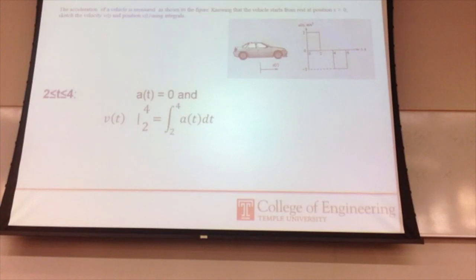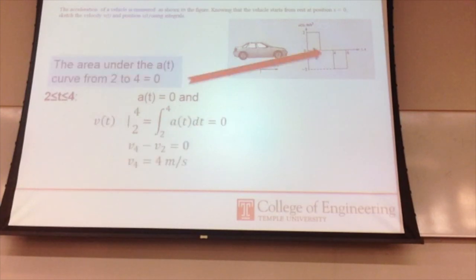From time 2 to 4, the acceleration is zero, and so the integral of a of t dt from 2 to 4 is zero, because you're taking the integral of 0 dt. Well, if you go through the process, the integral of 0 times t to the 0 is 0 times t to the 1, which is 0.